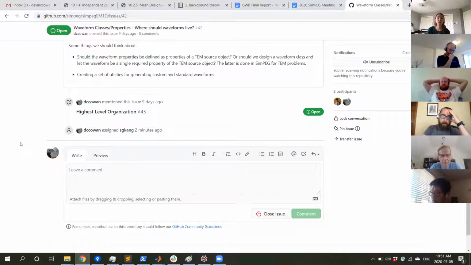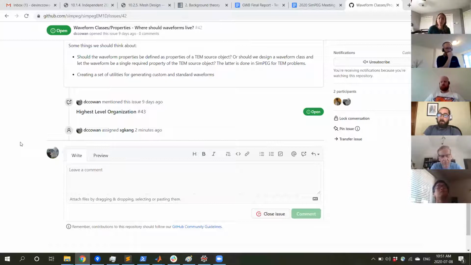Yeah, but the convolution step, Devin, shouldn't be happening. Well, maybe I'm wrong on this, but I don't believe that is the waveform's job, right? That should be the simulation's job to ask what waveform it is. So the waveform shouldn't care what you're doing with it. We're still evaluating it either in a time stepping mode or in a convolution mode, but the mathematical definition of a half sine shouldn't care how we're going to use it.